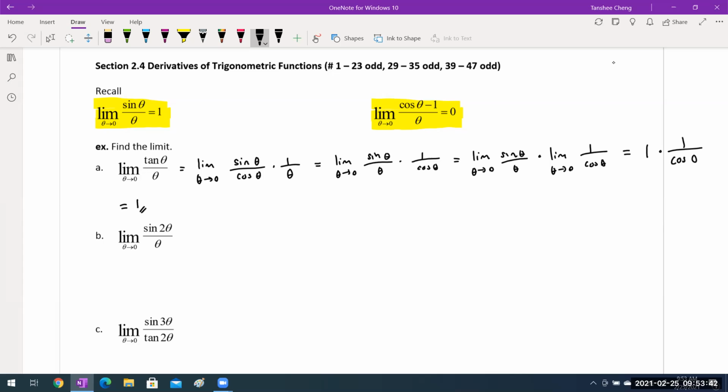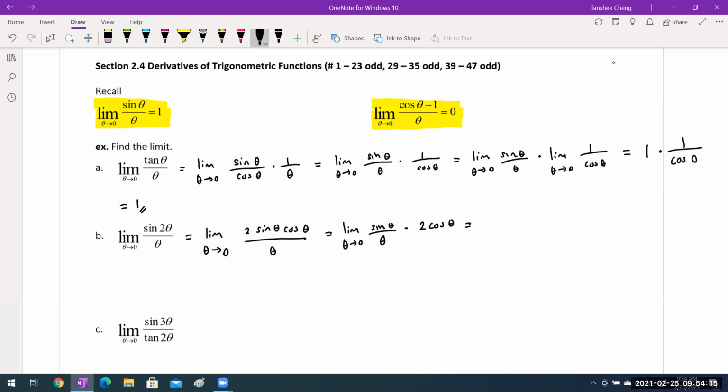What about part 2? In part B, you need to remember some of the trig identities. Sine of double angle, I can use 2 sine theta cosine theta over theta. So therefore, I can rewrite it as the limit as theta approaches 0 of sine theta over theta times 2 times cosine theta.